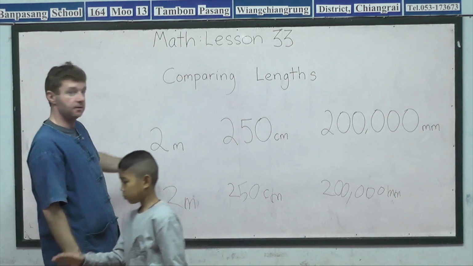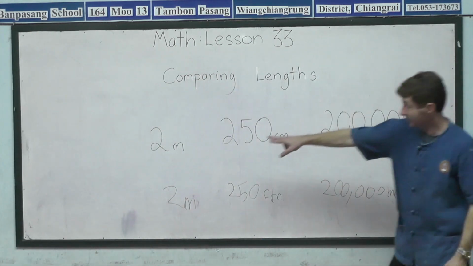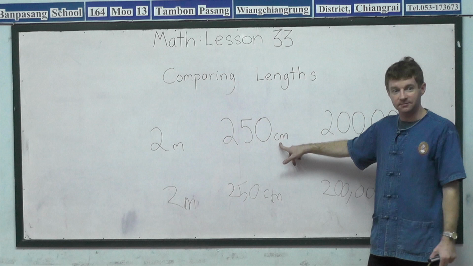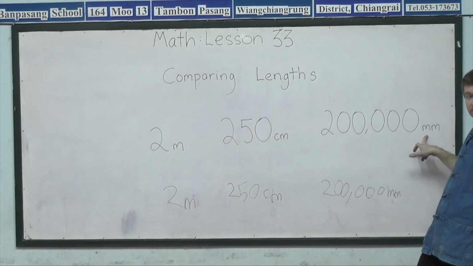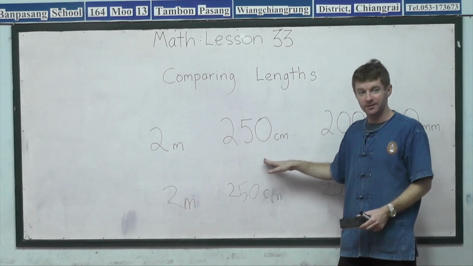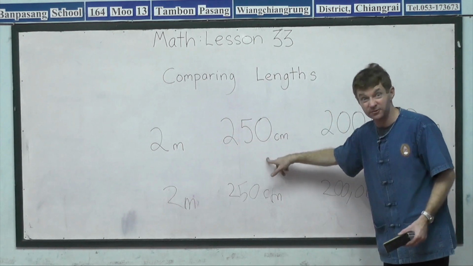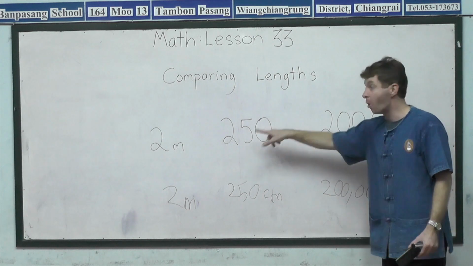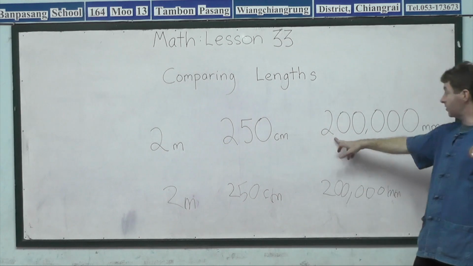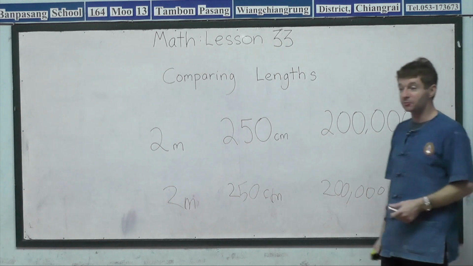So you see, here, we didn't need to change at all. But you knew the biggest unit is meters, then centimeters, and then the smallest is millimeters. But what you need to do is look at the amounts of each unit. Only 2 meters is smaller than 250 centimeters. But only 250 centimeters is smaller or shorter than 200,000 millimeters. Well understood, guys. Well remembered. Round of applause.